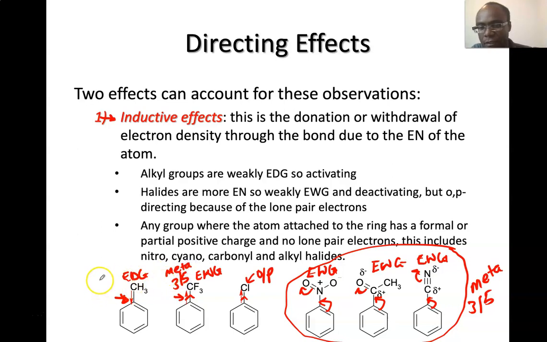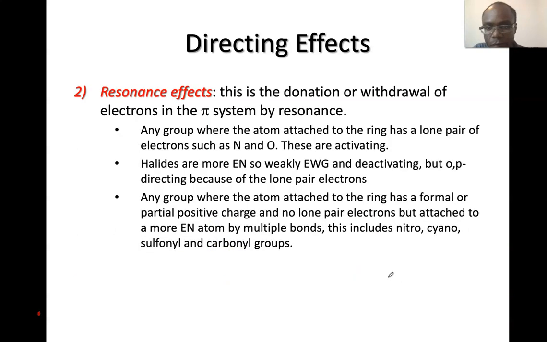This is electron donating, so it should direct the incoming electrophile to position 2, 4, or 6. So positions 2 and 6, those are ortho. Position 4 is para. Okay, so electron donating groups are ortho para directors, electron withdrawing groups are meta directors. So I've talked about the resonance effect.